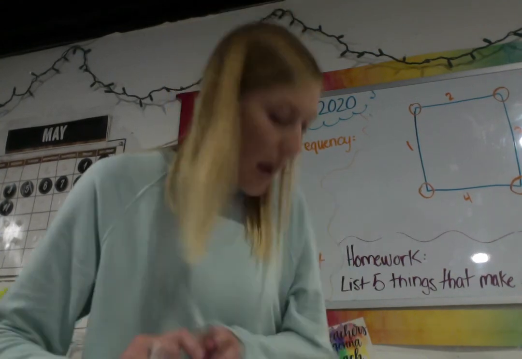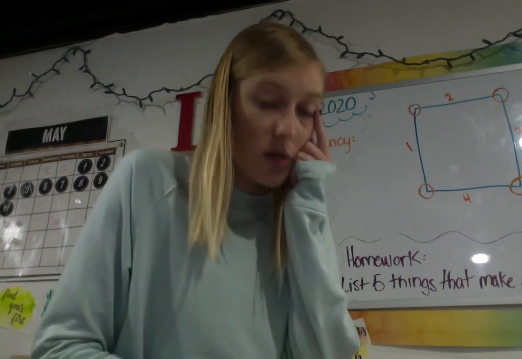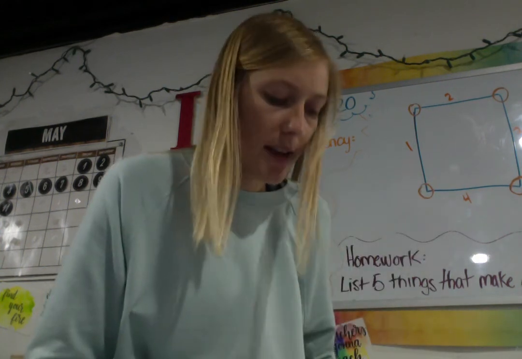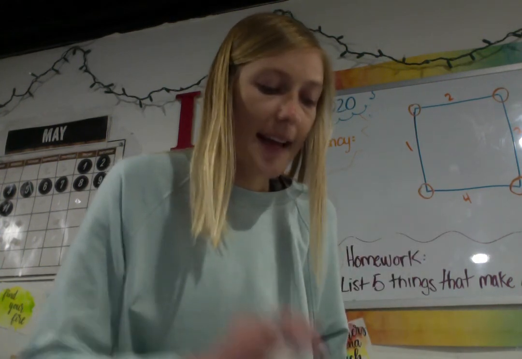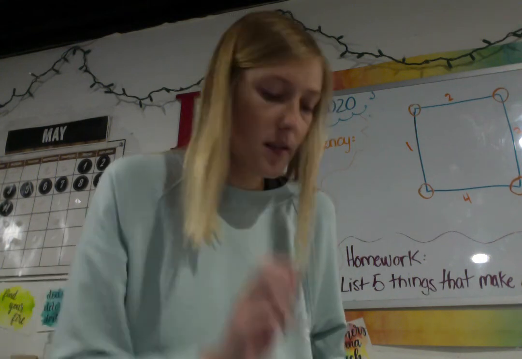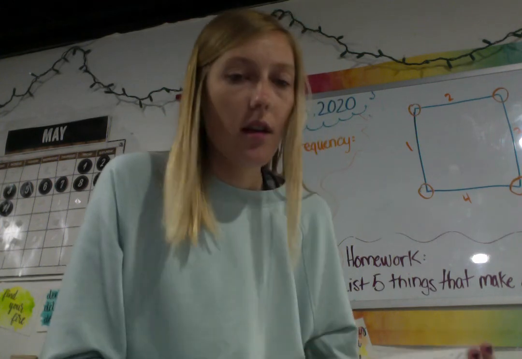Good, so at the top of page 638, I am going to read to us. It says, I am a 2-dimensional shape that has 4 vertices. So I know I have 4 corners. And all of my sides are the same length.